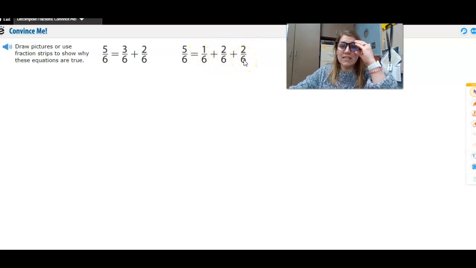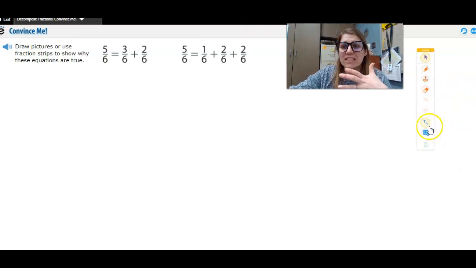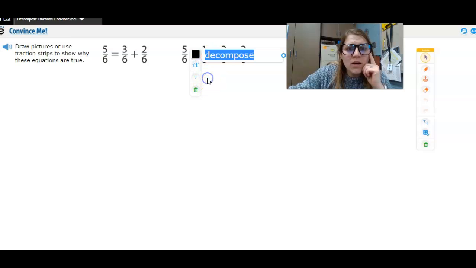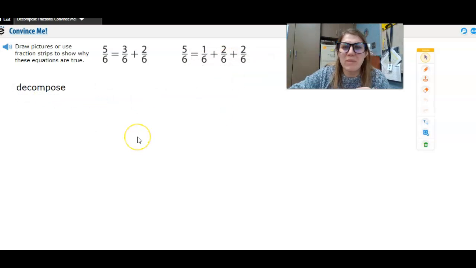So here is the fun that we have today, and that fun is decomposing. That big word, decompose. We talked about decompose before, but it's been a long time, and we didn't use that word when we were thinking about fractions. It was for our place value unit.